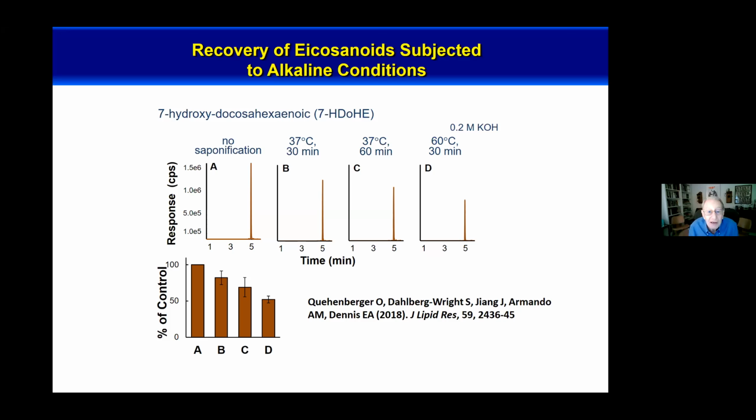This is an oxidized derivative of DHA, and it shows no saponification in increasing conditions. It's plotted on the bottom: as you increase the stringency of base hydrolysis, you see a decrease in the recovery of this primary standard.